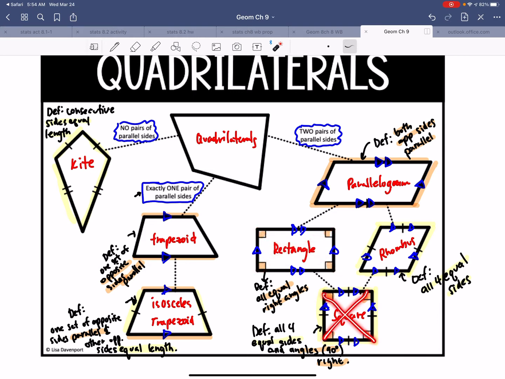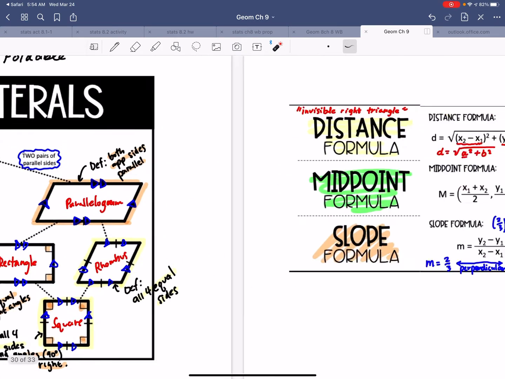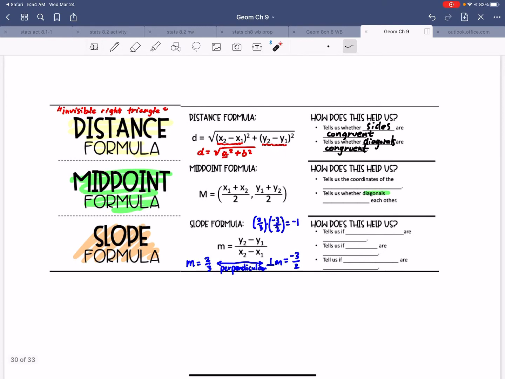Squares have equal diagonals because they're a descendant of the rectangle. Isosceles trapezoids have equal diagonals. The other ones don't. We can kind of see this rhombus, this line is quite a bit longer than this line. Same thing, if this was a stick on a kite, this one's a really long stick, and that's a very short stick. So that's one way we could verify these shapes as well, using diagonals instead of sides.